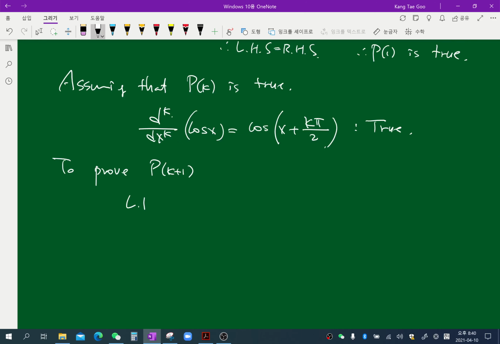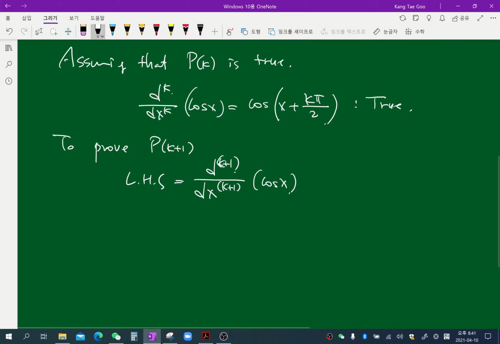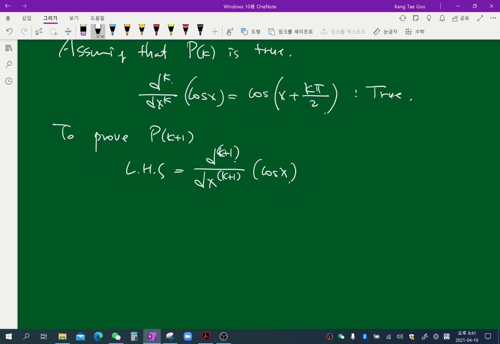We start from the left hand side, which is the k plus first time derivative of cosine x, which is the key. Yeah, this is the key step for the derivative induction. The k plus first time derivative of cosine x means that there is one more step, the derivative of the kth derivative of cosine x, right?